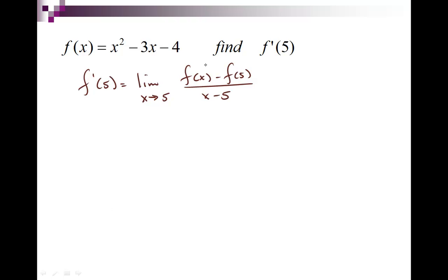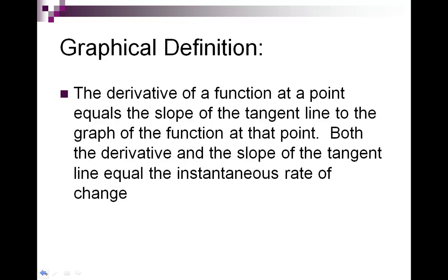Shut off the video for a moment and substitute f of x into this place, find the value of f of 5, and get a new quotient for me. Okay, whoops.